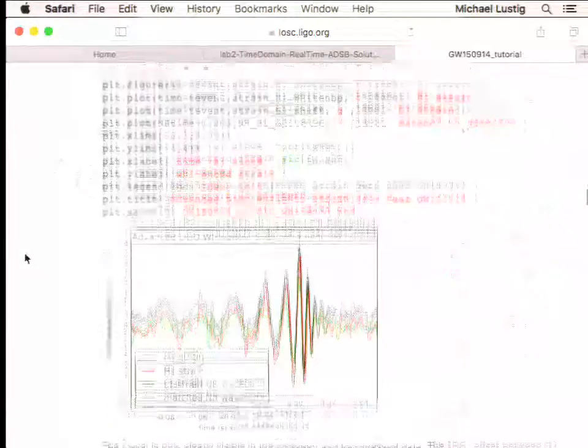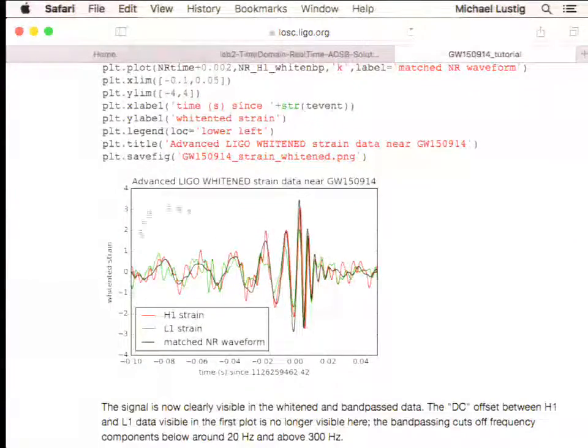You do some filtering to normalize, and then look at the prediction of what a signal coming from these massive black holes rotating around each other should look like, and it looks similar to what it should look like.